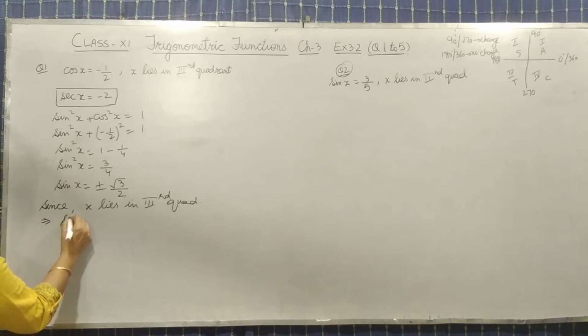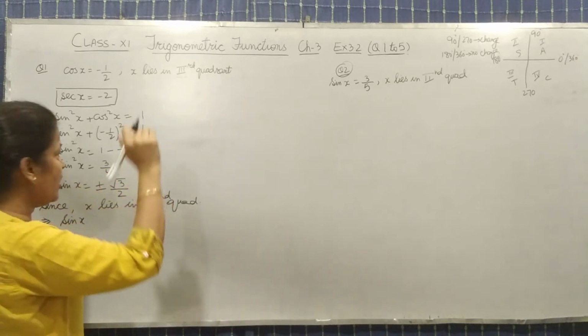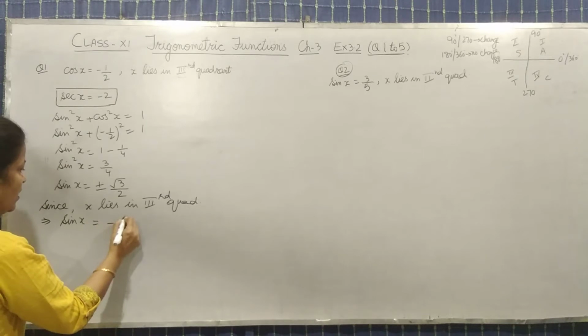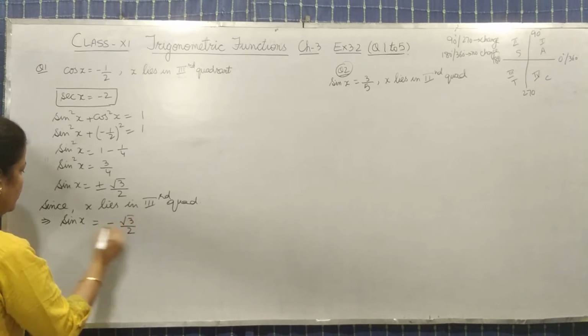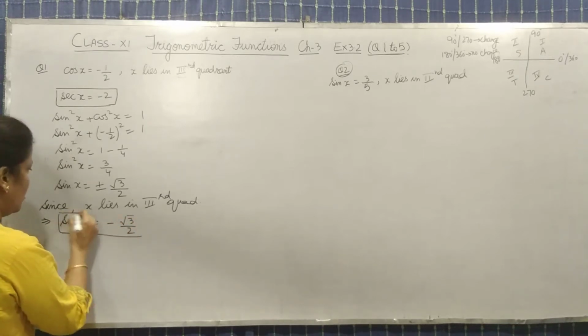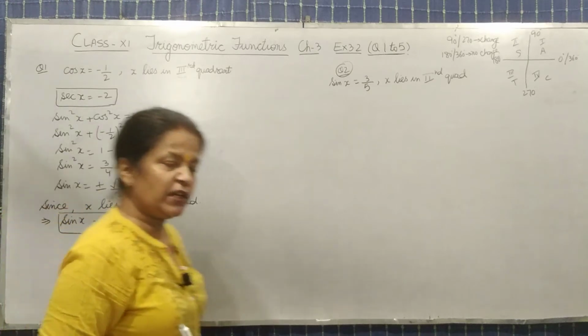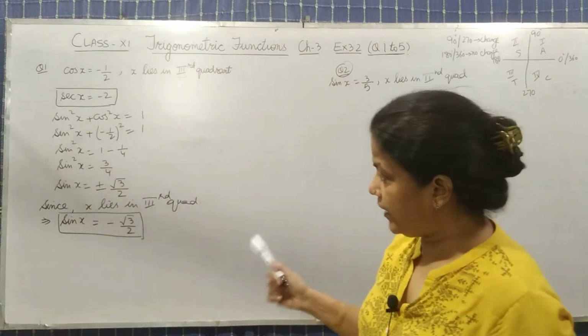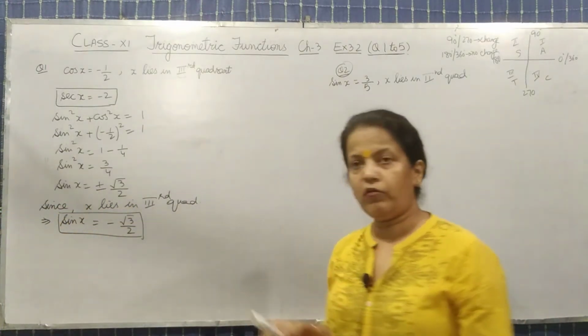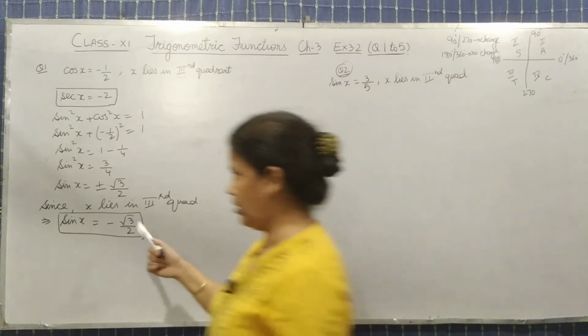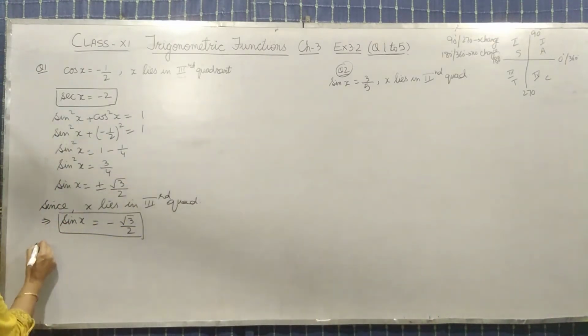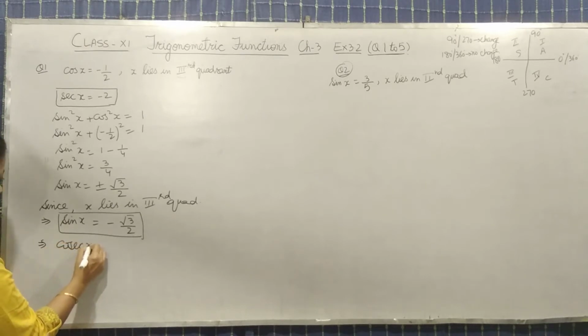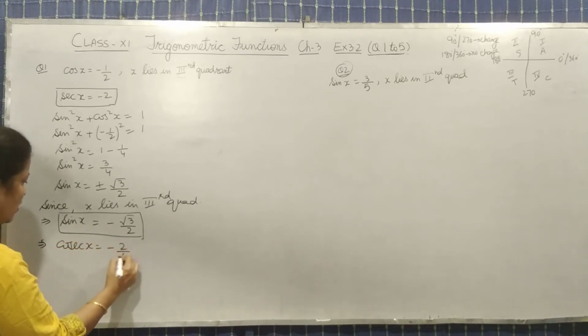Therefore, sin x you will take as a negative value. Sin x will be minus root 3 by 2. Now sin x we have. How will you find out cosec x? Converse of this. This implies cosec x equal minus 2 by root 3.